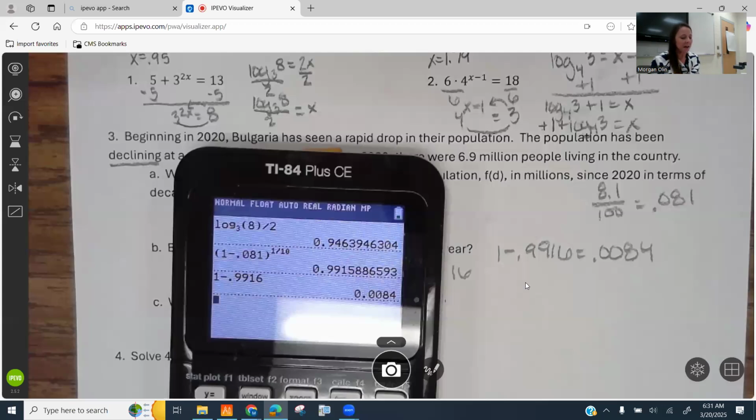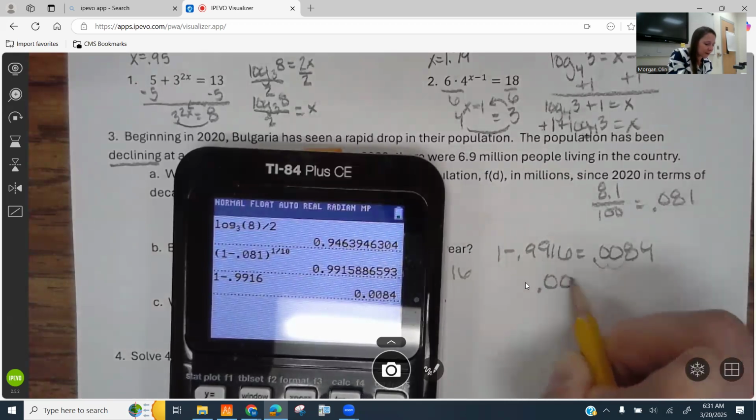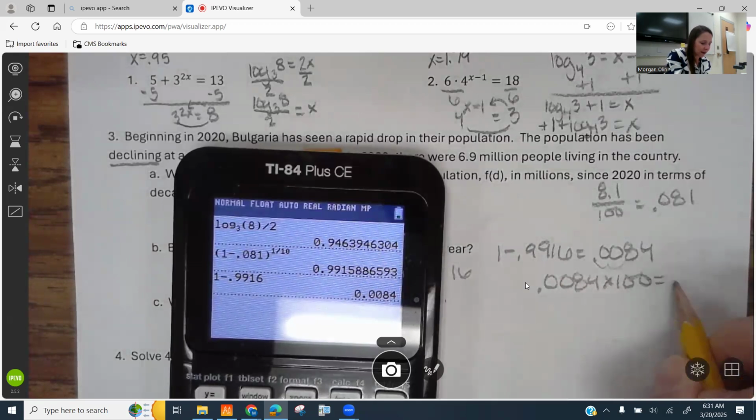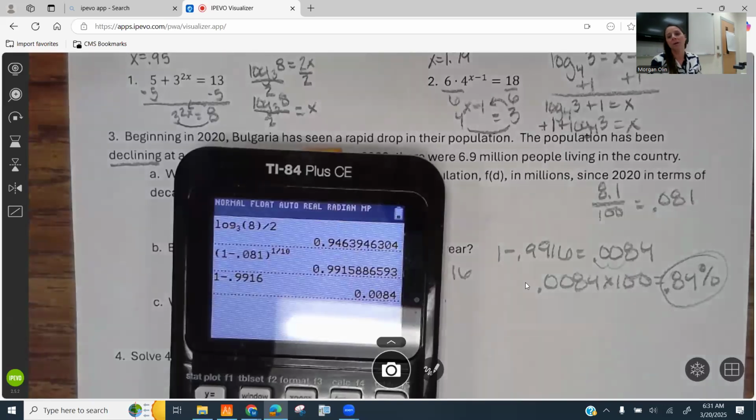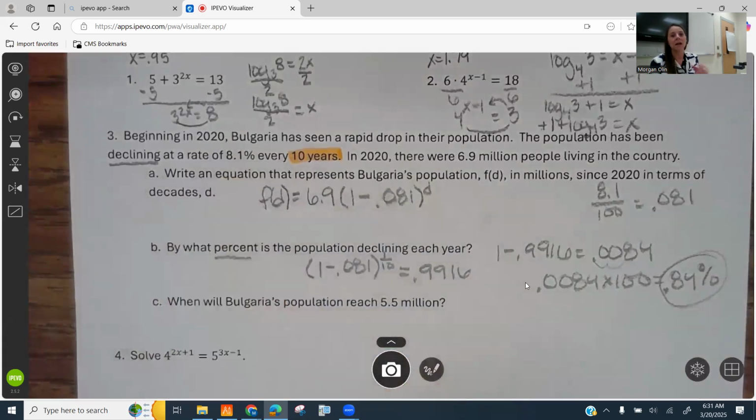Now I have to change this to a percent. To do that, you can move your decimal place over twice or multiply this value by 100. When I do that, I get 0.84. So it is declining by 0.84% each year. Overall, it's 8.1% every 10 years.